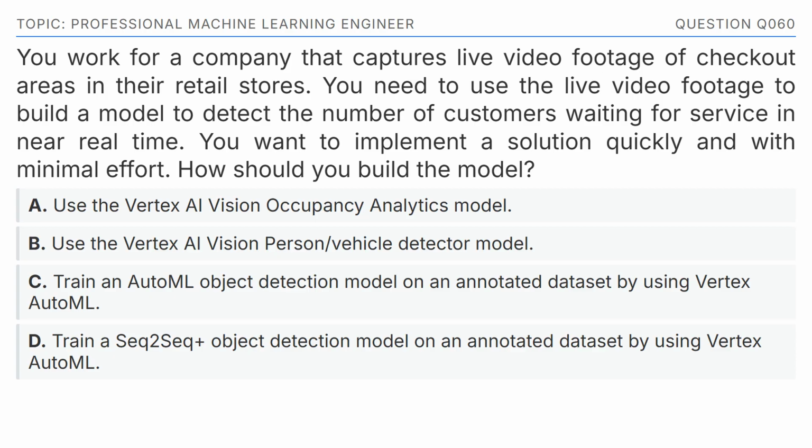Option B, use the Vertex AI Vision Person/Vehicle Detector model. Option C, train an AutoML object detection model on an annotated dataset by using Vertex AutoML. Option D, train a Seq2Seq+ object detection model on an annotated dataset by using Vertex AutoML.